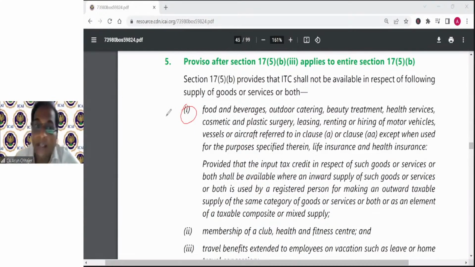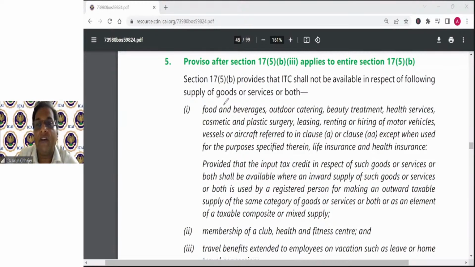So meaning thereby, if as per the Factories Act it is a compulsion on the factory to provide food and beverages to the worker, ITC, even if it is a compulsion, is not available. What was the logic? They were giving the logic that the proviso is after clause 3. So therefore, this proviso, the exclusion, is only for the third clause.